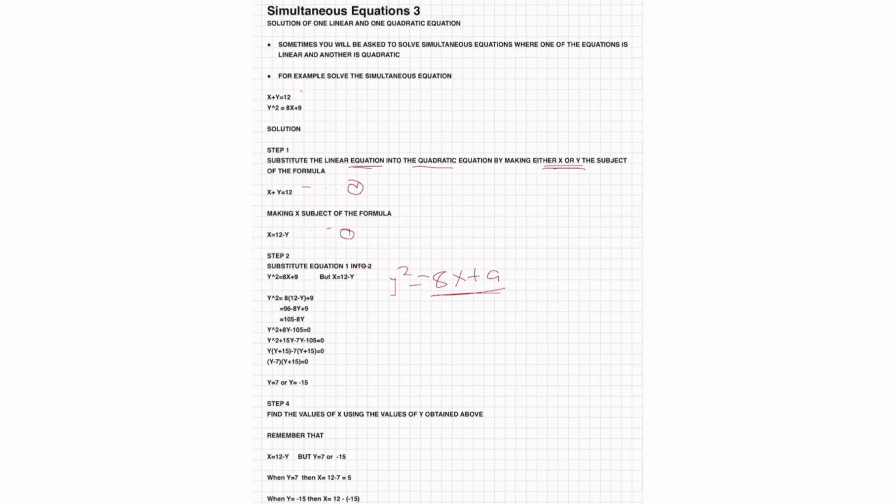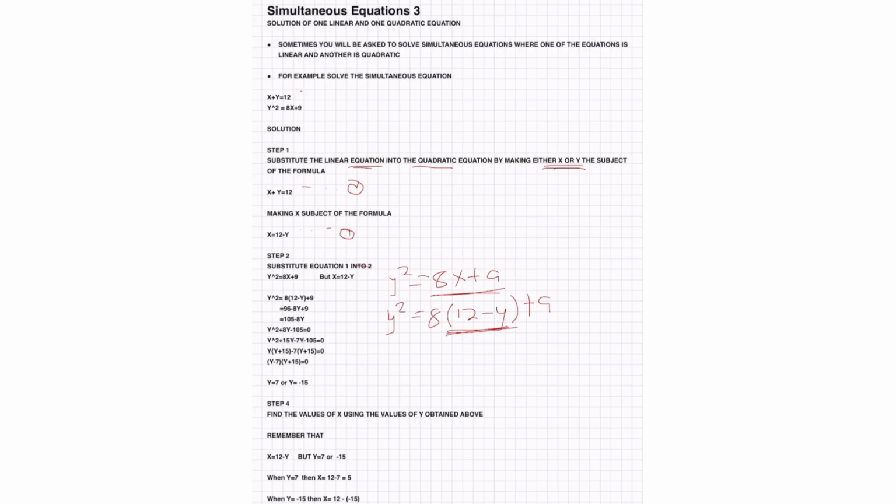This is what I've done here: y squared equal to 8, and where there is x, I put 12 minus y, plus 9. One very important thing is to make sure that you put brackets. Remember that x is equal to 12 minus y as a single component.